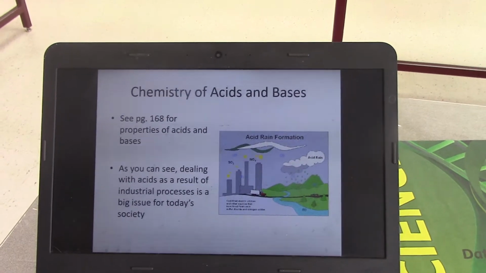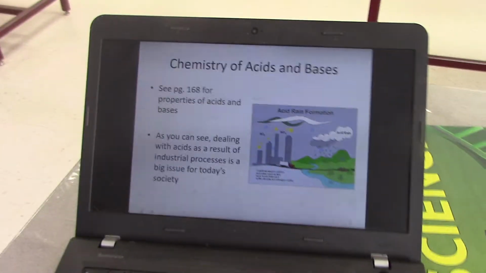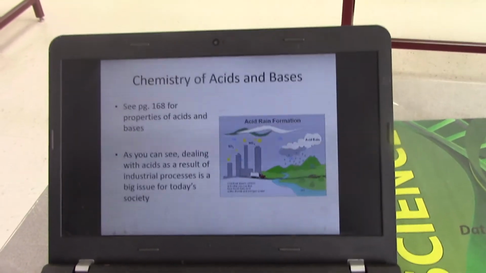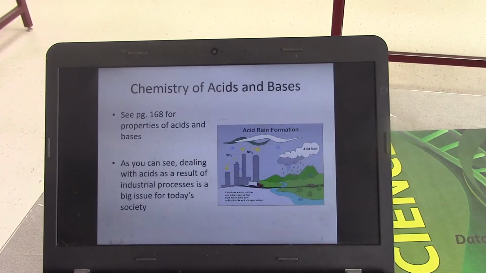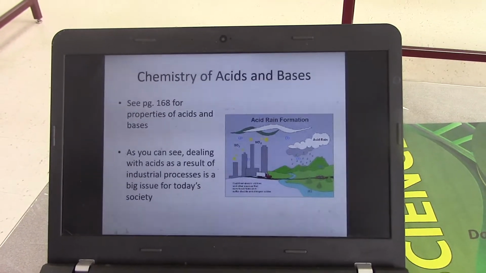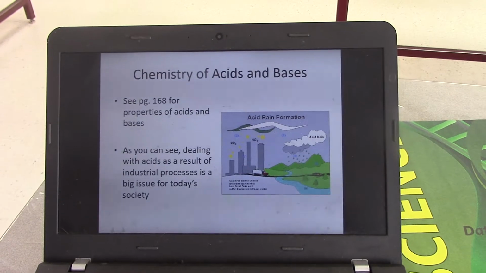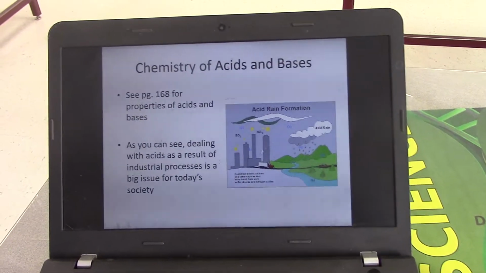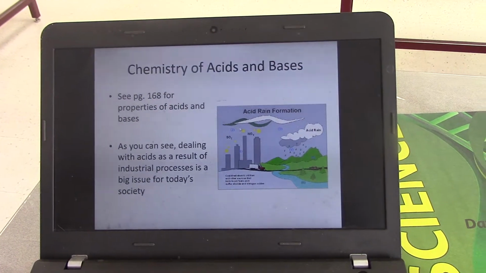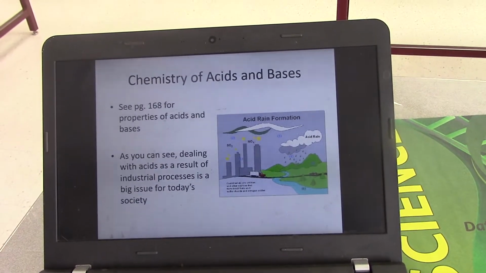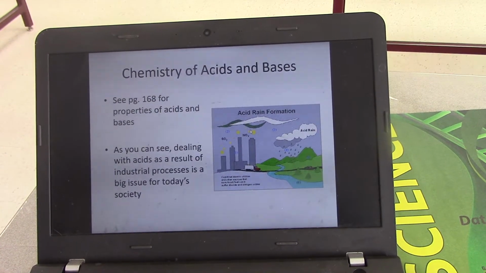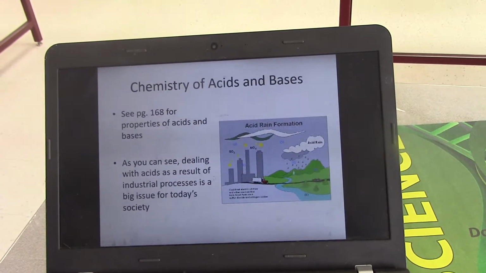We're looking at acid-base chemistry through the perspective of acid precipitation and how these things are affecting natural environments. There are lots of industrial processes of modern living that create sulfur oxides and nitrogen oxides, and then they fall as acid rain.